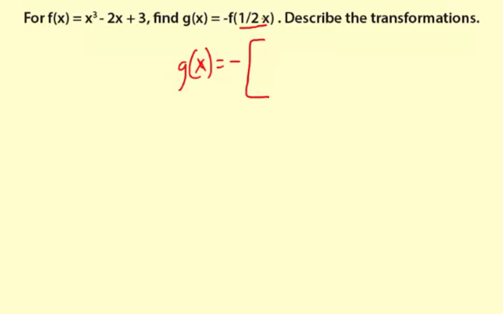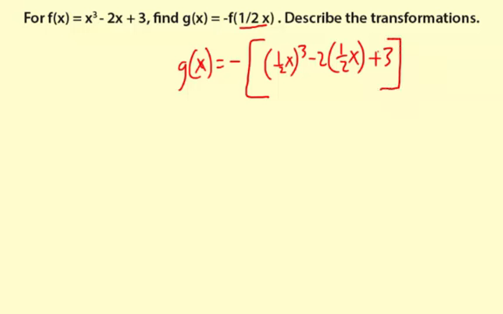Then 1/2 x is going to be used for each of these x's. So you're going to have 1/2 x to the third minus 2 times 1/2 x plus 3.